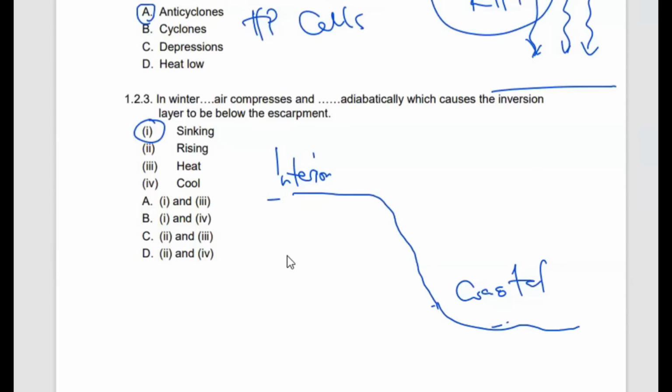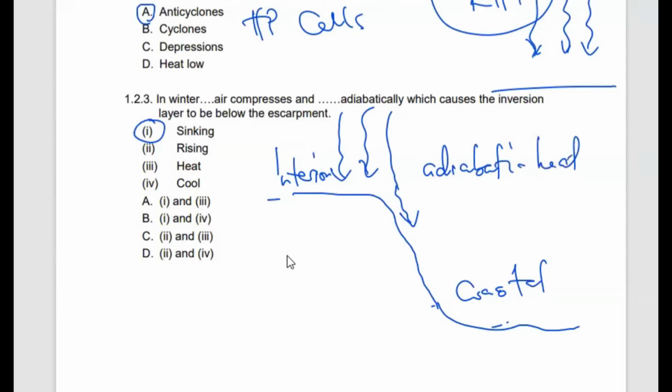If air is sinking, there's strong descending air, and this air is going to force itself down the escarpment. If the air is going down the escarpment, we know well that there is a concept of adiabatic heating. The air will heat adiabatically, meaning it is heated without the influence of the external environment. It heats up internally because of changes in pressure.